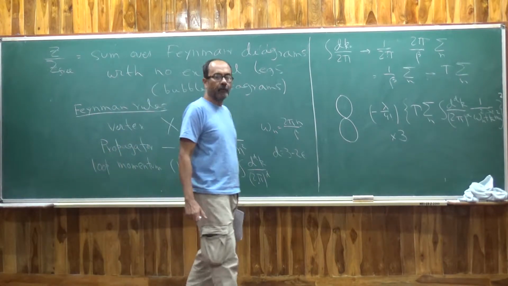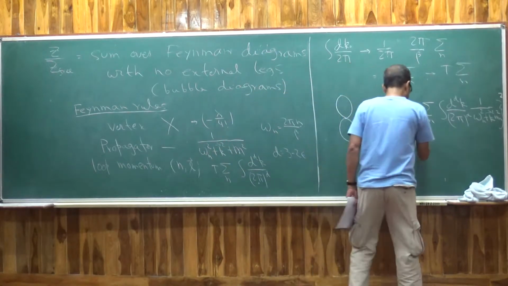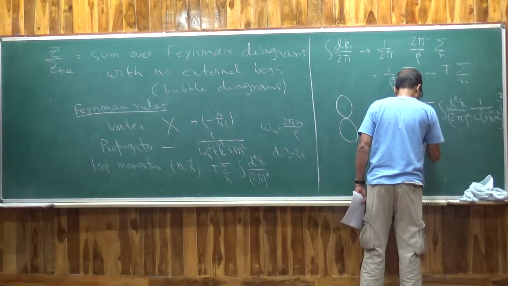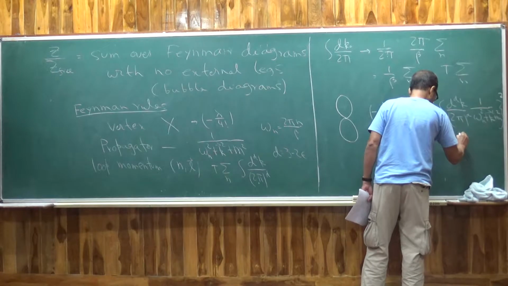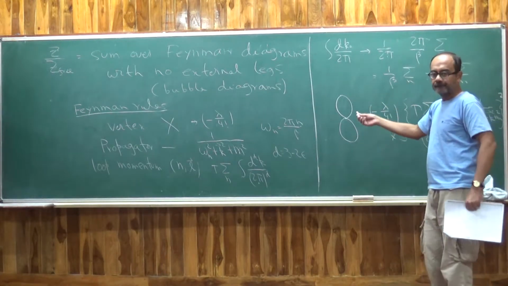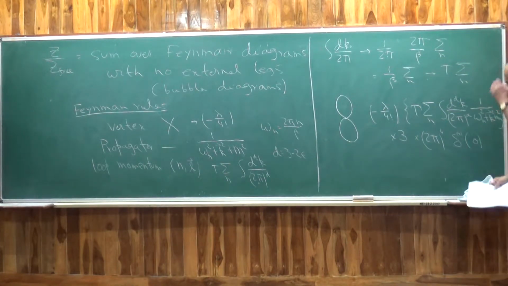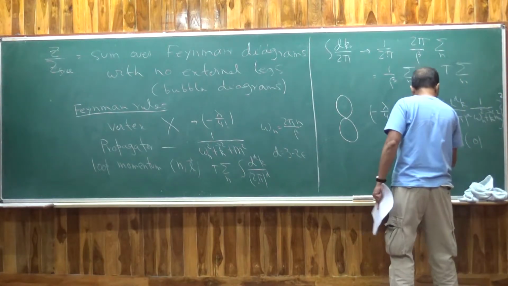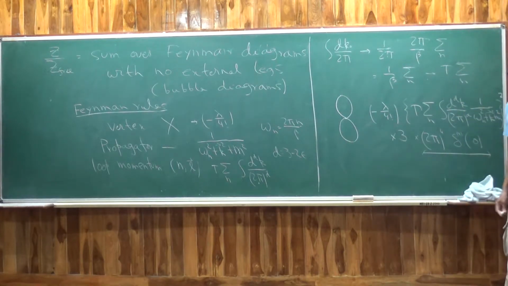And finally, there is a momentum conserving delta function that we shouldn't forget. Recall that you normally have 2 pi to the 4 delta 4, or let me write 2 pi to the 4 delta 4 of 0 in this case. Why 0? Because the total momentum entering is 0. This looks a bit singular, but of course you know what it means: it is the delta function of momentum and energy set equal to 0.